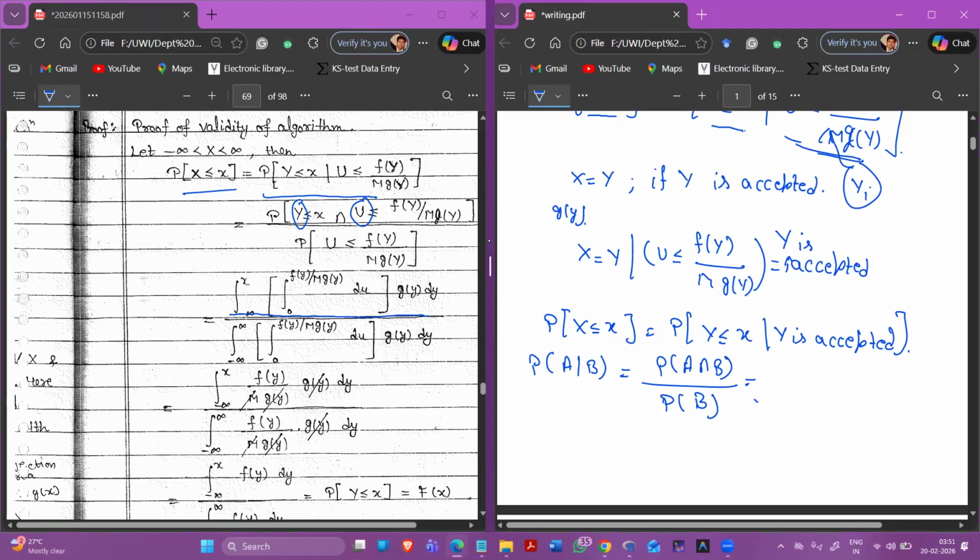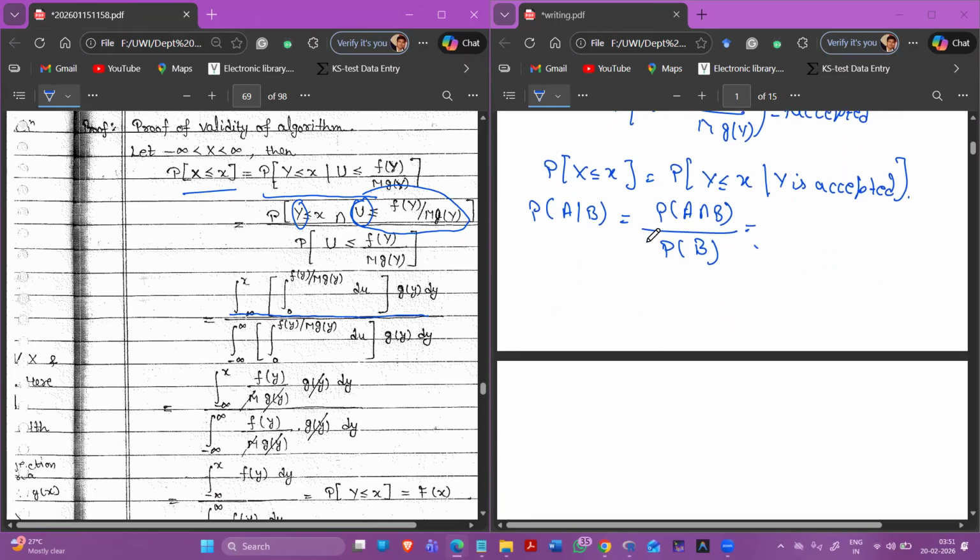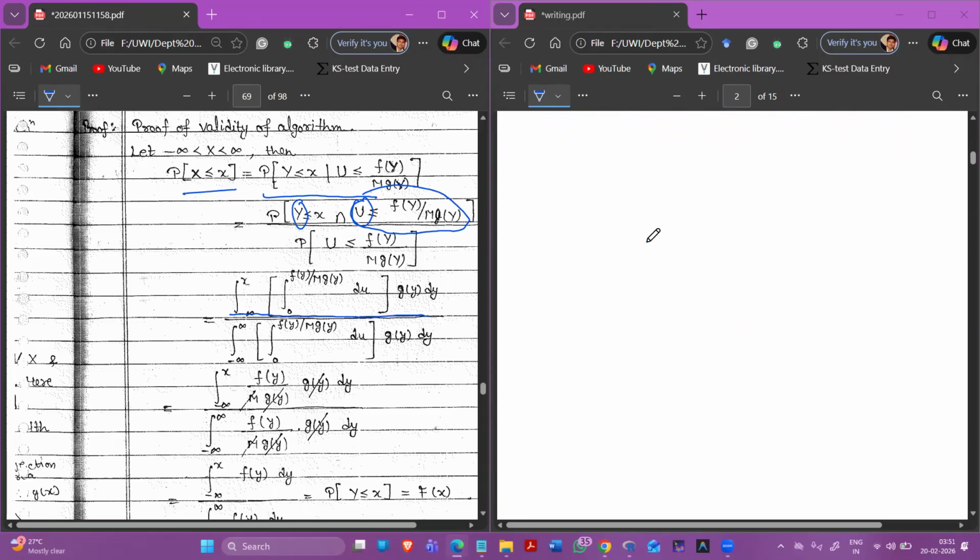Correct. So first of all, you need to solve this integral because you have the y here. Y is involved in this integral. What is the meaning of this one? On the horizontal axis you have y, the fixed observed value of y you are assuming here.